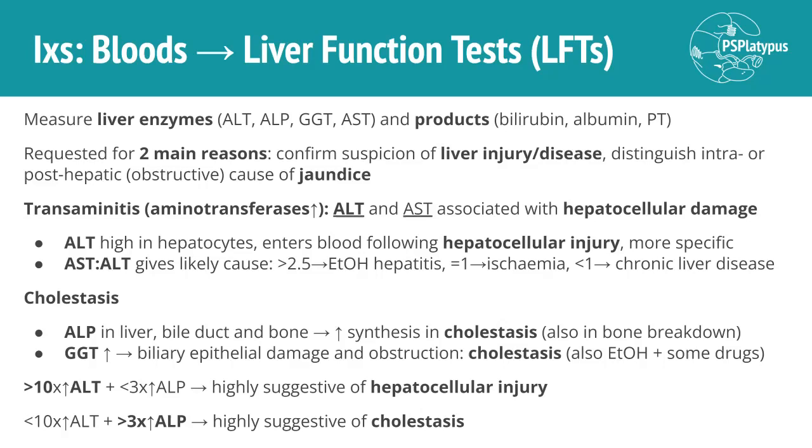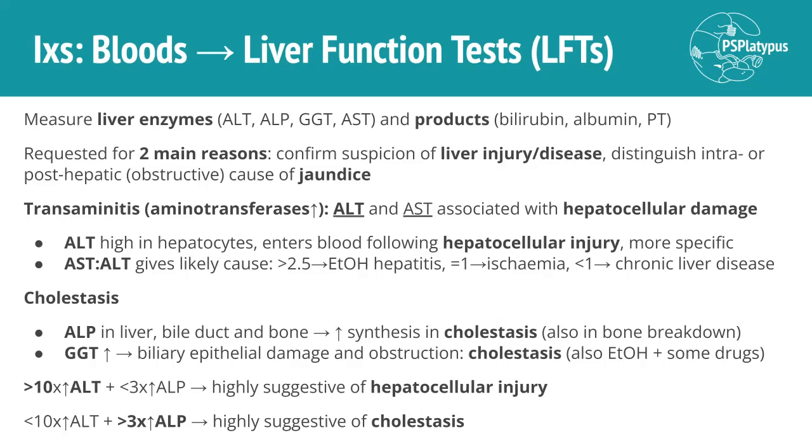So for ALP, it's whether or not it's more than 3 times increased from baseline, so 3, versus ALT, it's 10. I don't have a great mnemonic for that, my apologies. And you can also have a mixed picture. So these can both sort of be raised substantially, or it might be a bit more vague.